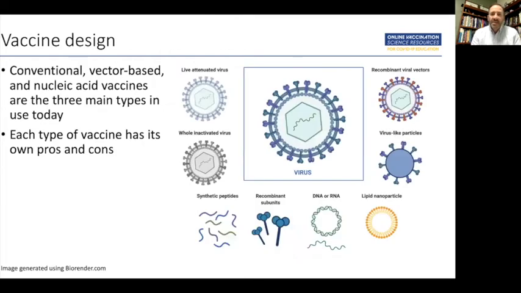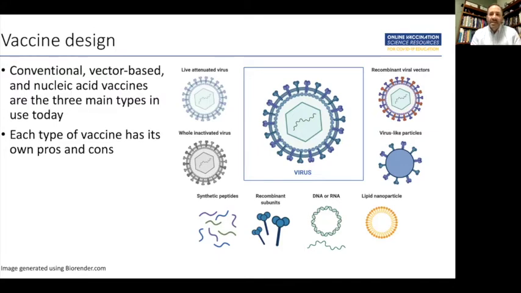So vaccines are designed, again, to represent a pathogen to the immune system, but without the risk of the full-on exposure to the pathogen that can lead to severe illness.